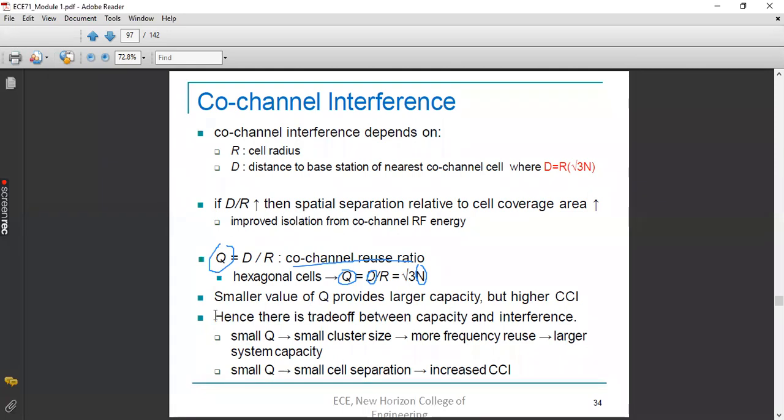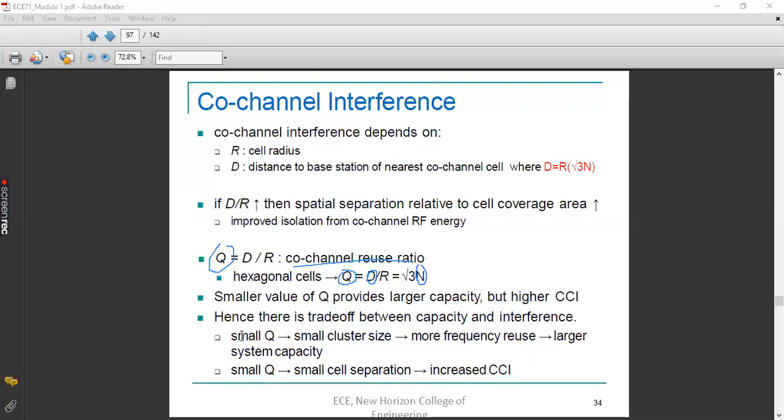How is it so? Small Q means small D. Small D means small N. So whenever we are maintaining small cluster size, please read this. This concept is very important. It should be very clear to you. If you have any doubts, you need to ask. Don't hesitate to ask your doubts.